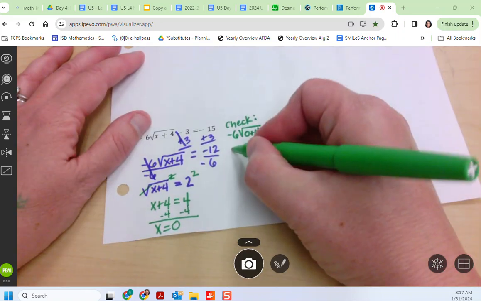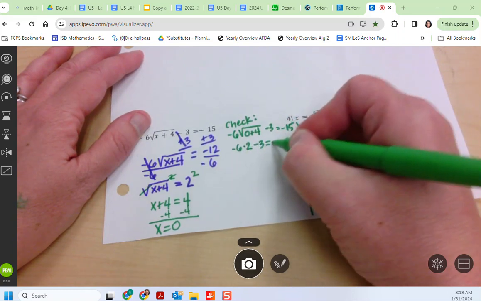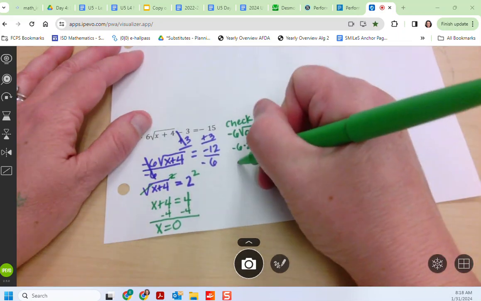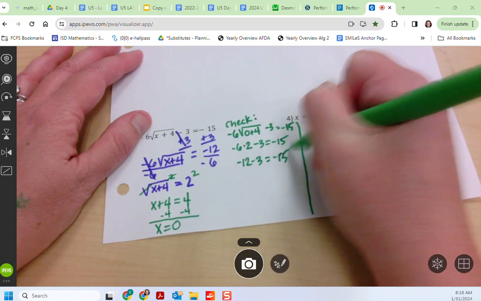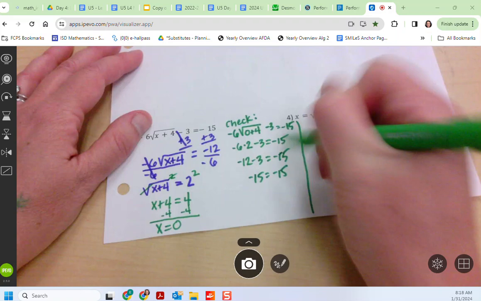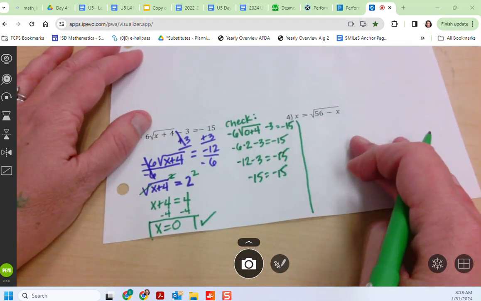So now I have negative 6 times 2, minus 3 equals negative 15. Negative 12 minus 3 equals negative 15. Looks like it's going to work out, right? Negative 15 equals negative 15. So that means I'm going to box up my answer down here, and it checked out, so I can give it a check.